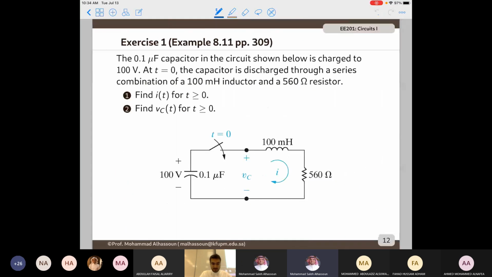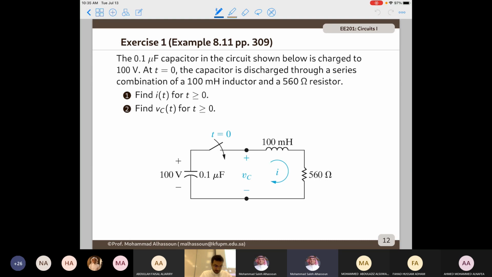Any other questions? Okay. So let's try and solve this problem. I think at this stage we have probably mastered the way of solving second order circuits.